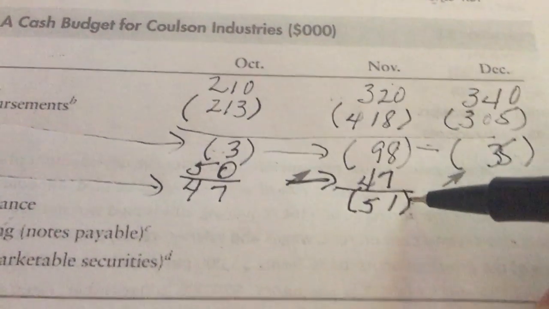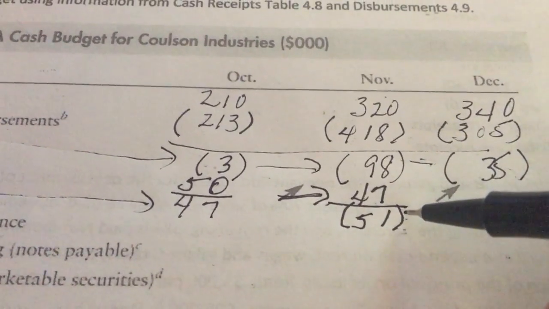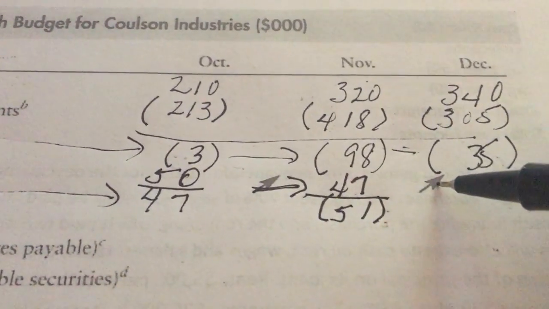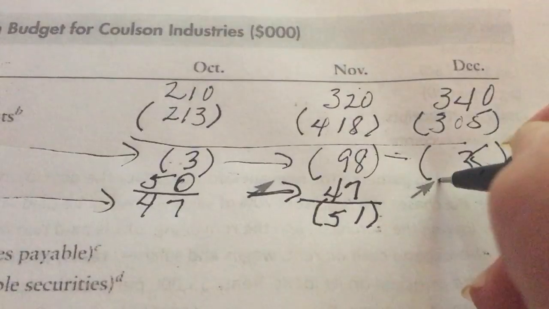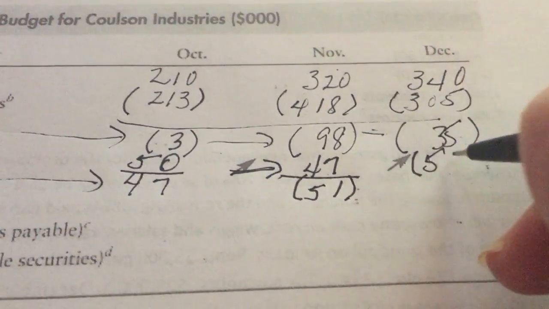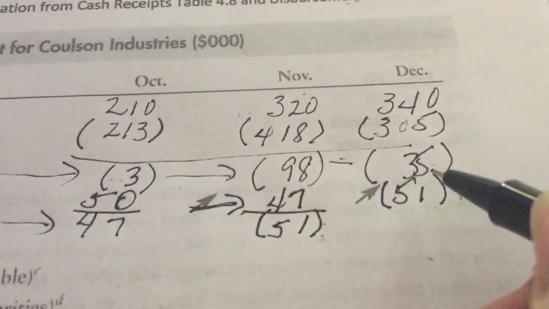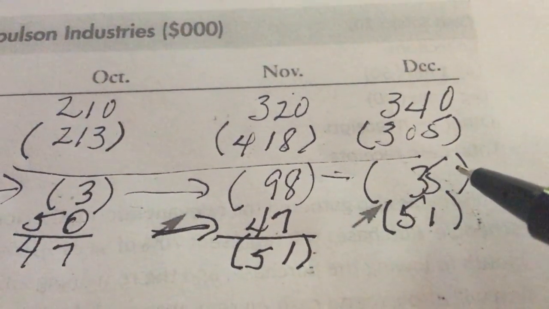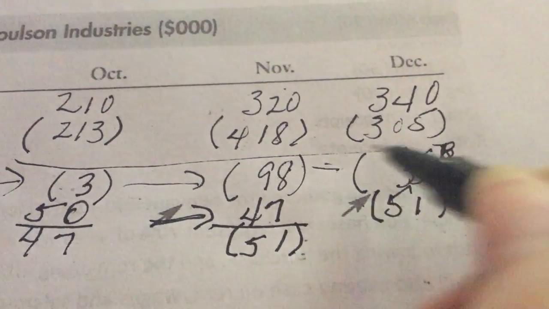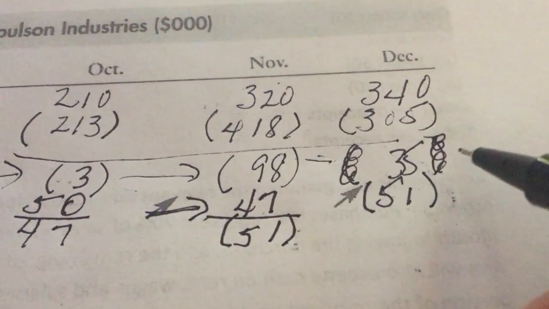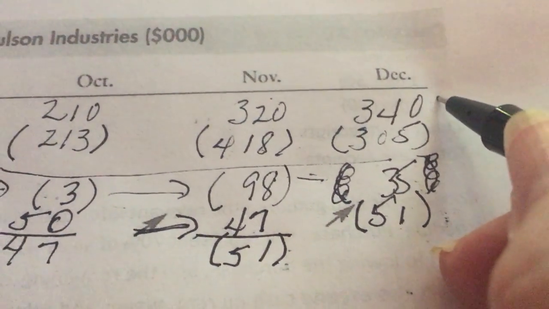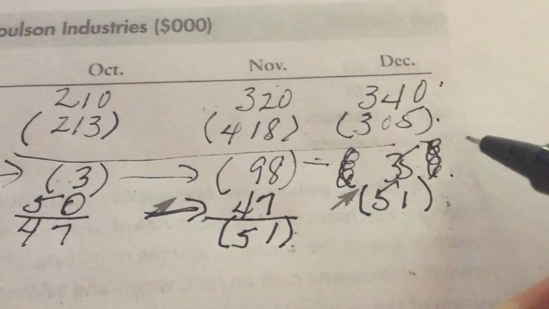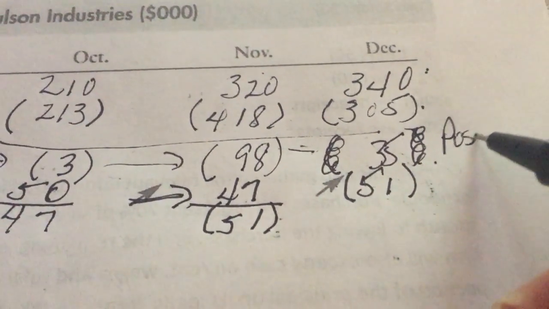So you don't have enough money in November here. Well, you're going to have to carry that balance over, and that's going to become your beginning balance. So take 35, which is positive. I'm sorry, this should be a positive number. Okay, no parentheses. Notice positive 340 minus 305. So this is positive.